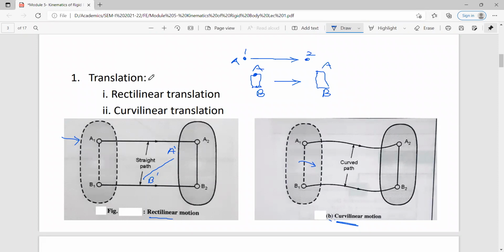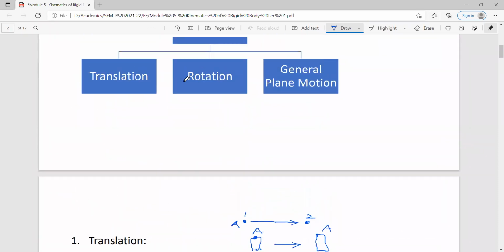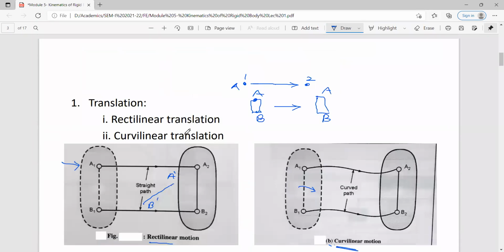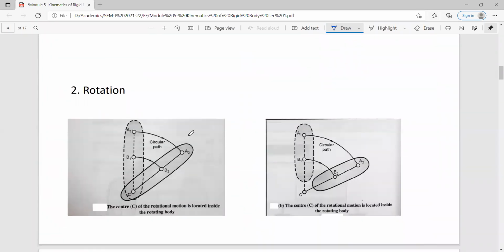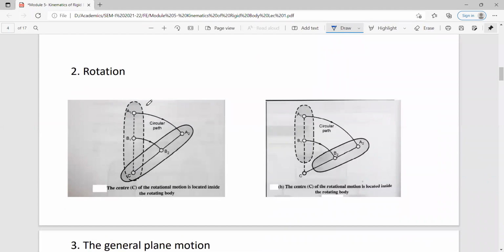After that, which one is there? That is rotation. So see what happens in case of rotation. When a body rotates, at that time the vertical line or straight line drawn between particles A and B doesn't remain straight.